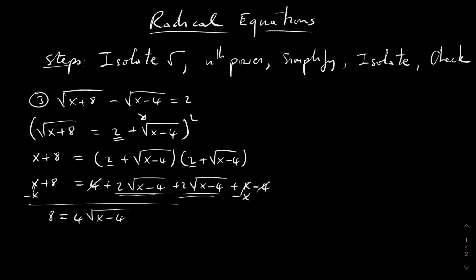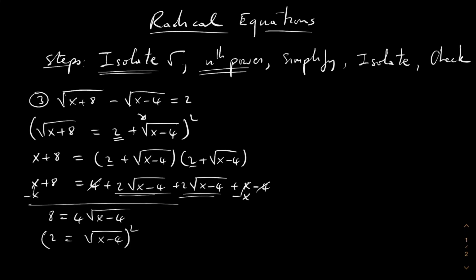Divide by 4 on both sides, you're going to have 2 equals the square root of x minus 4. Now, at this point, you realize that you just went back to another radical equation. So what you need to do here is go back and do the 5 steps again for this particular equation. Step 1 is done because it's already isolated. Step 2 is going to be to raise both sides of the equation to the power of 2.